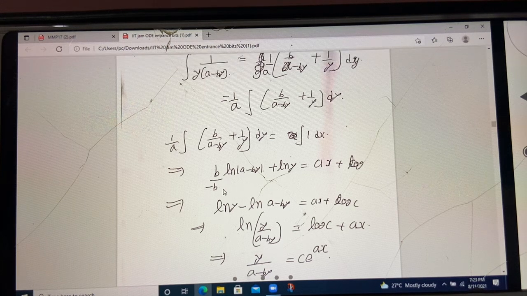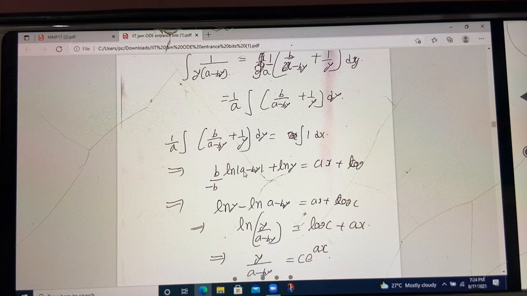What is the integral of 1 by a plus bx? Log a plus bx by b, intermediate form integration. So 1 by y means ln y, here ax, this a I have taken to the right side, plus some constant, that constant log c.